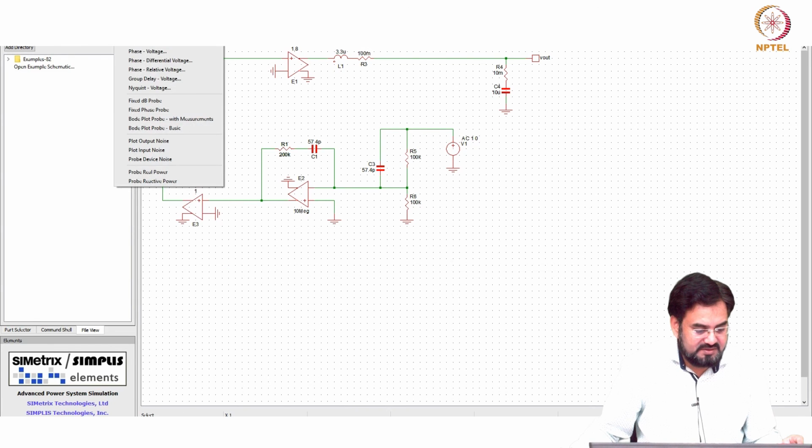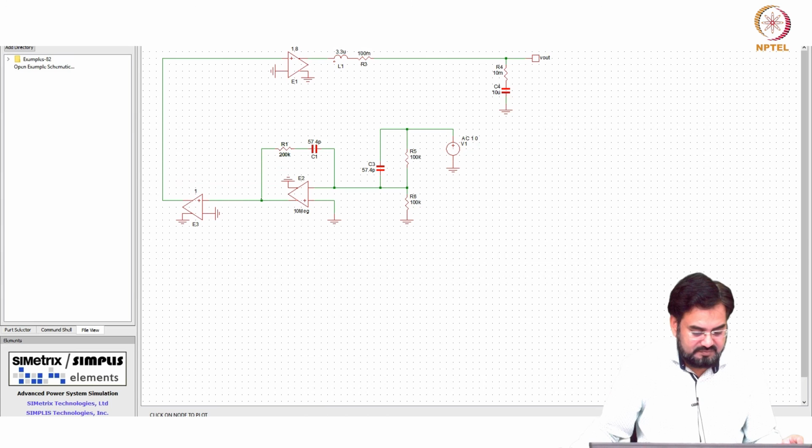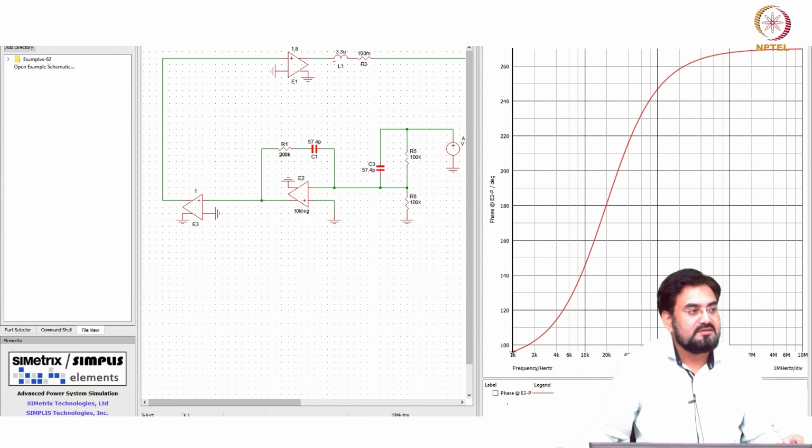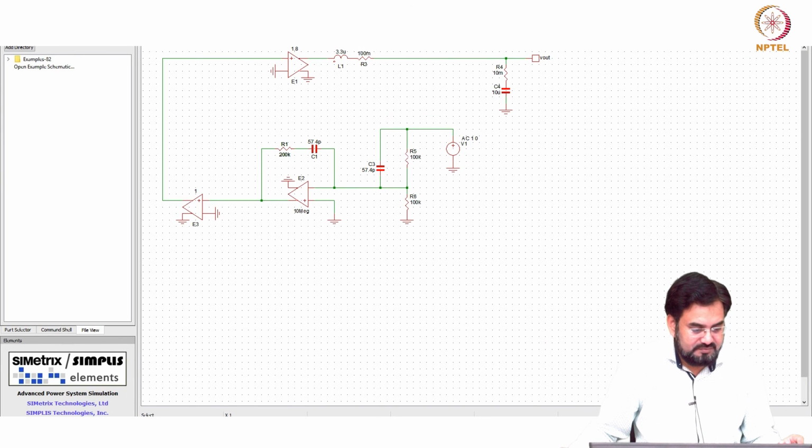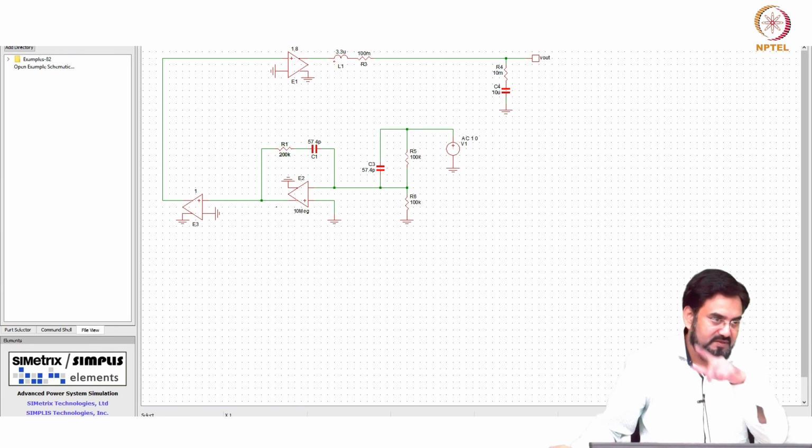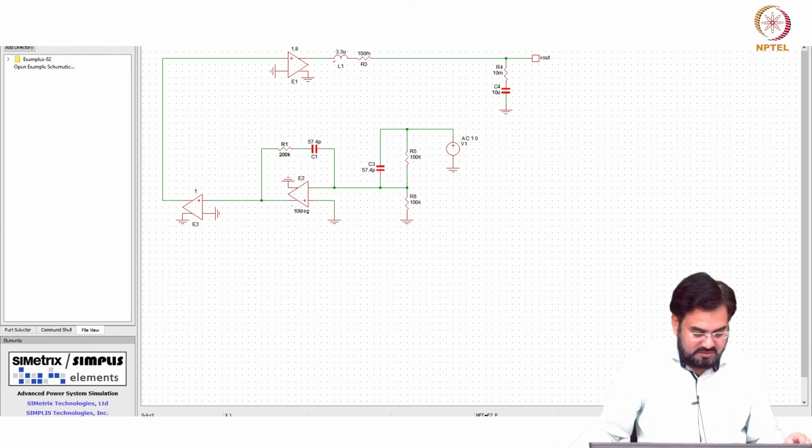Let me look at phase. Okay. So I am plotting from 1K, that is why it is not showing that. And since it is inverting, you have to include that 180 whenever you look at the plot.